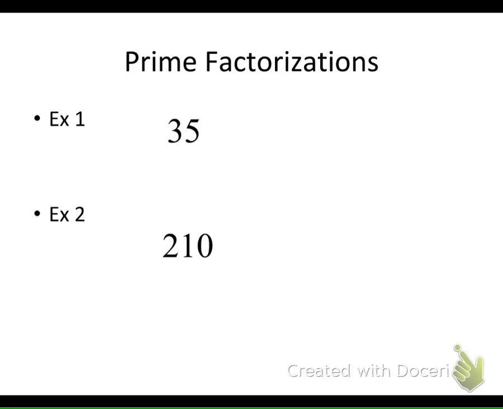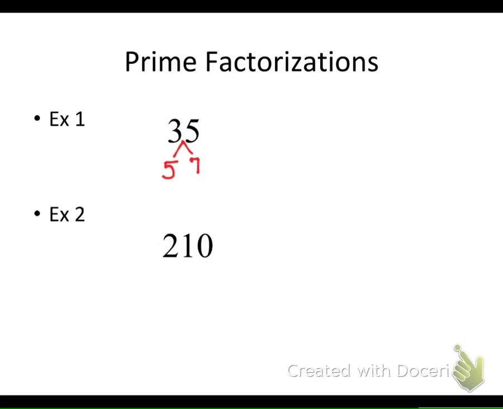So we're going to look at example number 1. I want you guys to find the prime factors of the composite number 35. So what two numbers can you multiply together, or what two factors can you multiply together to get 35? Okay, so 7 and 5. So there's the start of my factor tree.